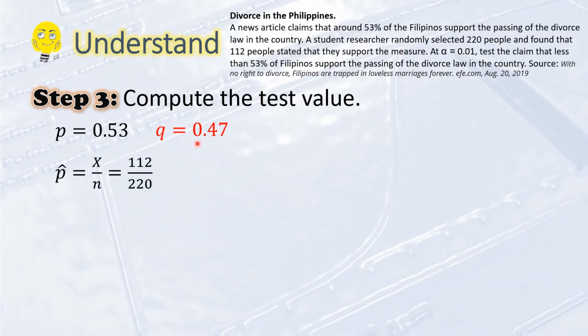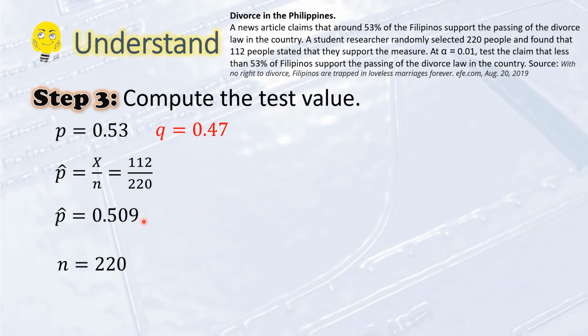To get the sample proportion, we get the ratio between the number of successes and the number of sample. x is 112 and n is 220. Then this is equivalent to 0.509, and that will be our sample proportion. n is equal to 220.